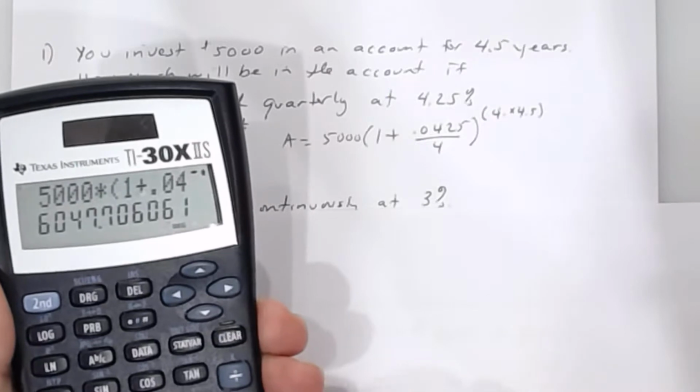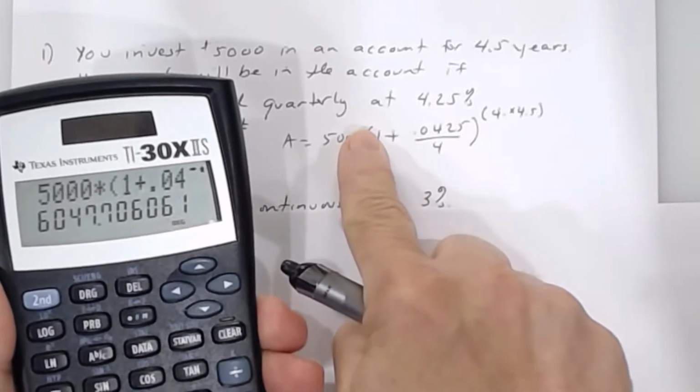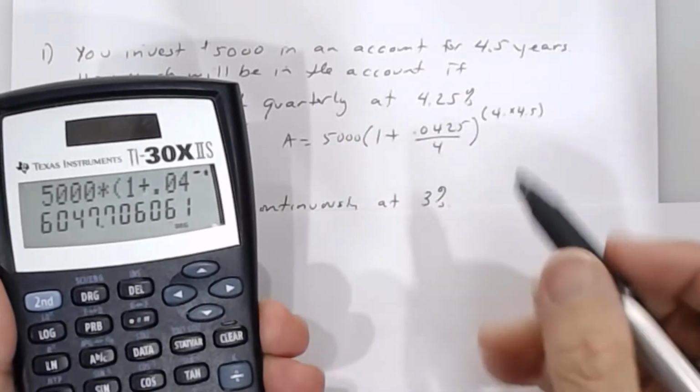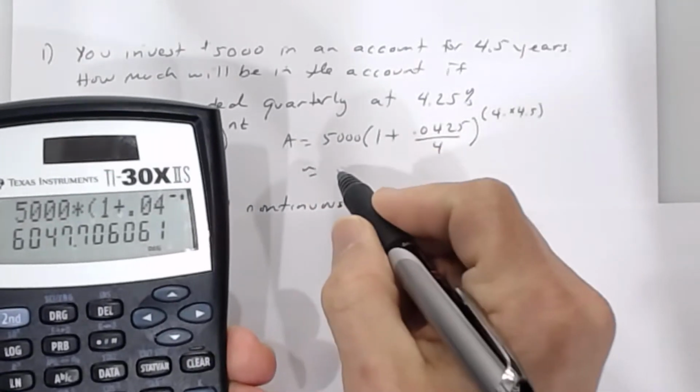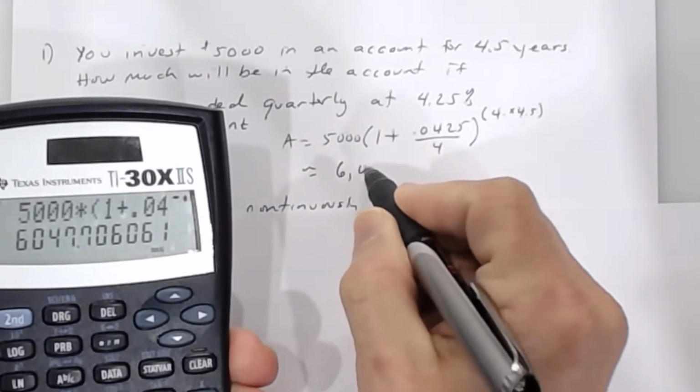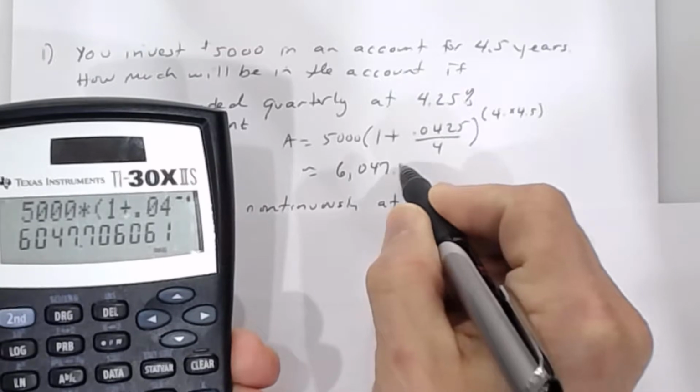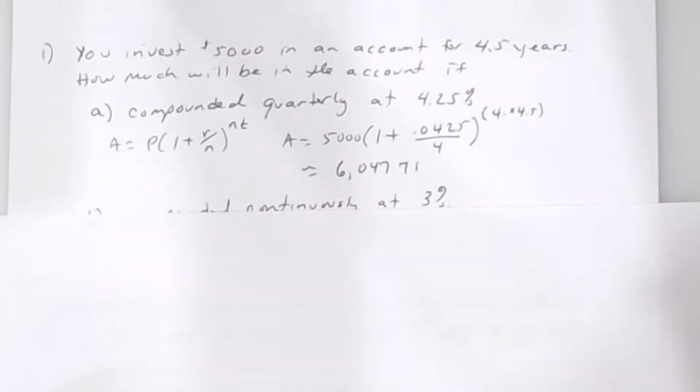So in 4.5 years, the $5,000 will have grown to how much? $6,047.71. Make sure that's what you got from your calculator. If you didn't, that means you don't know how to use your calculator.